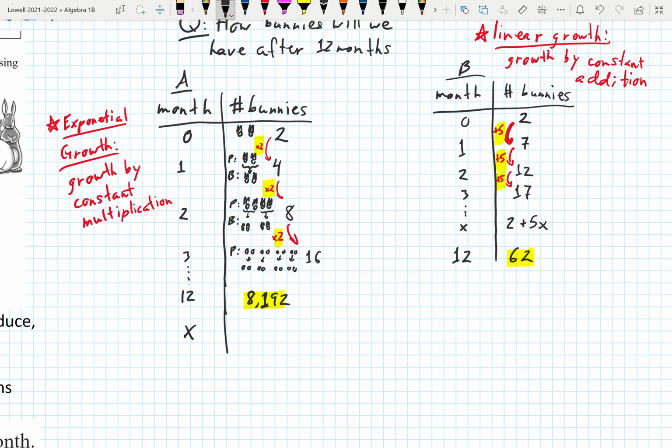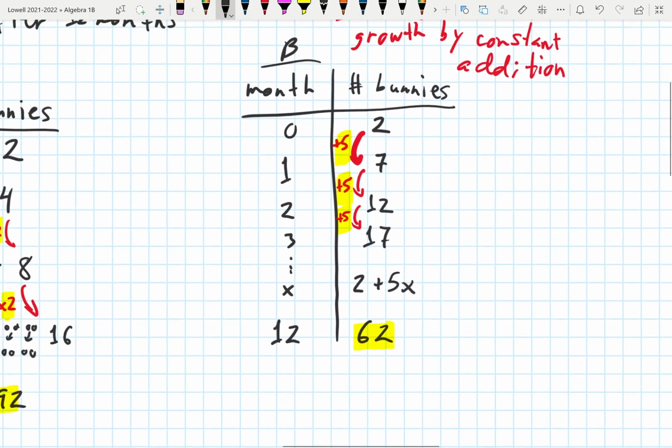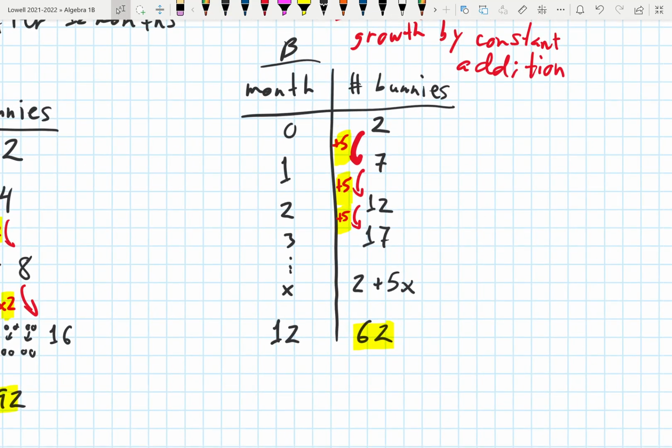Okay. So I'm going to work on the linear table over here. And this is the reason I wrote the equation as 2 plus 5x as opposed to 5x plus 2, excuse me. Okay, so let's check this out. I could think of every one of these as starting from my starting value. So here's what I mean.